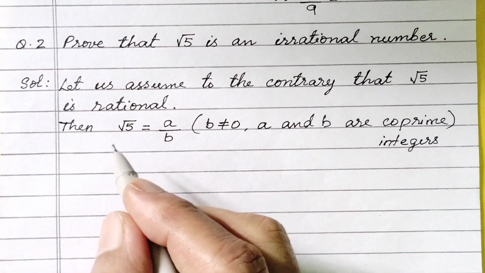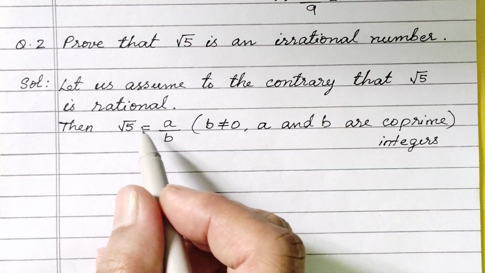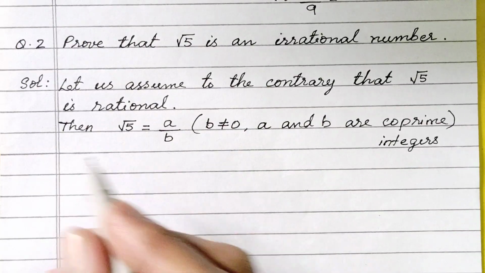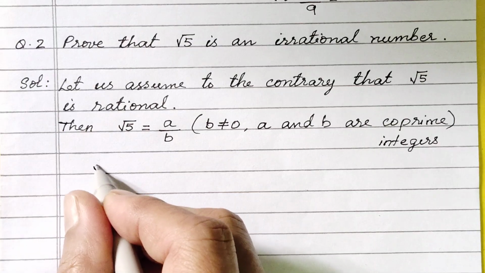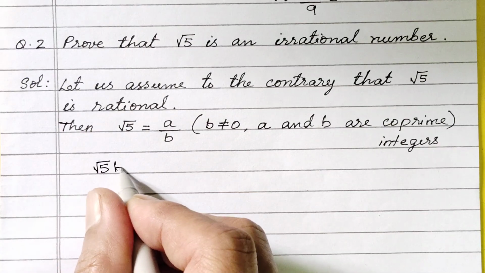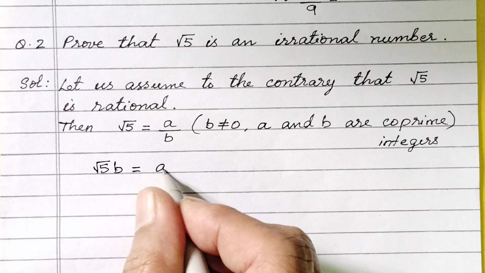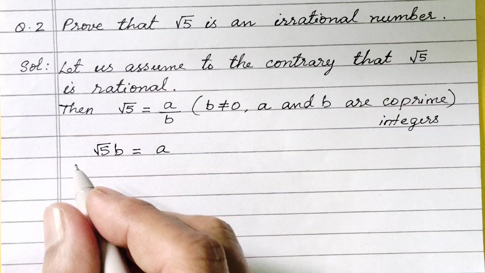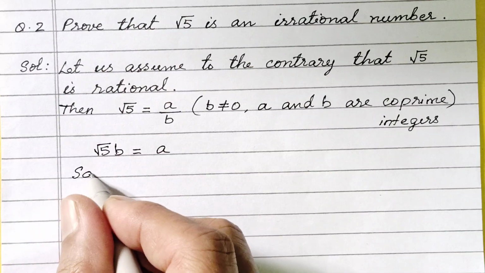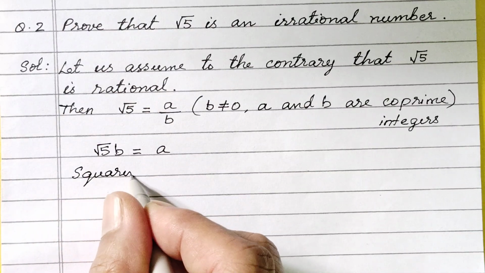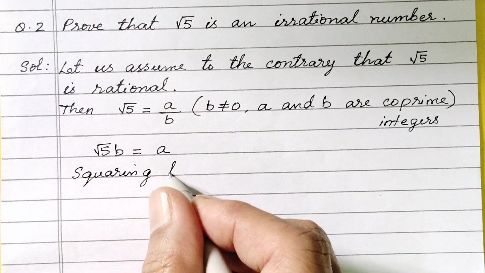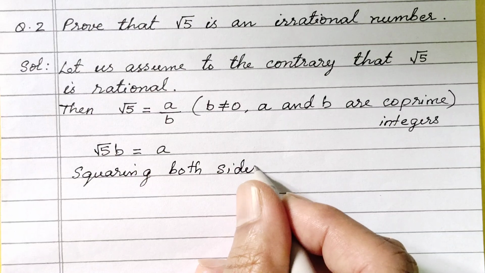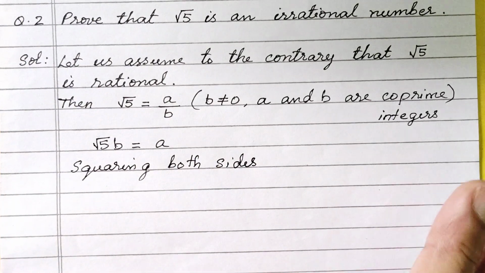So now we can cross multiply. We will get root 5 b is equal to a. Now we will square both sides. Let us see what will happen if we square both sides.